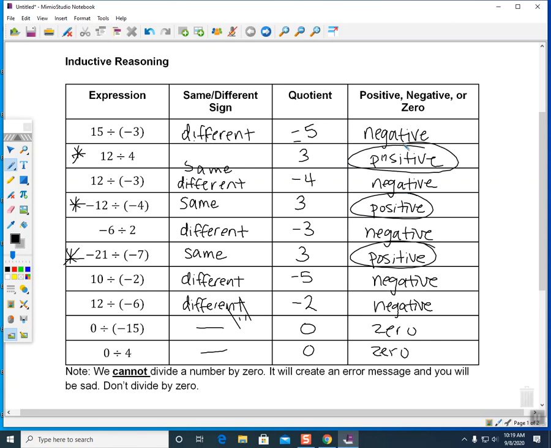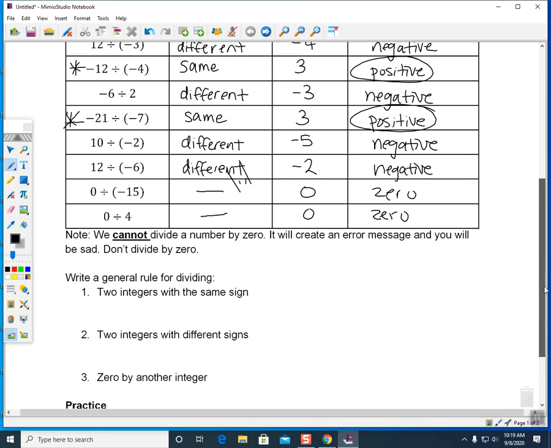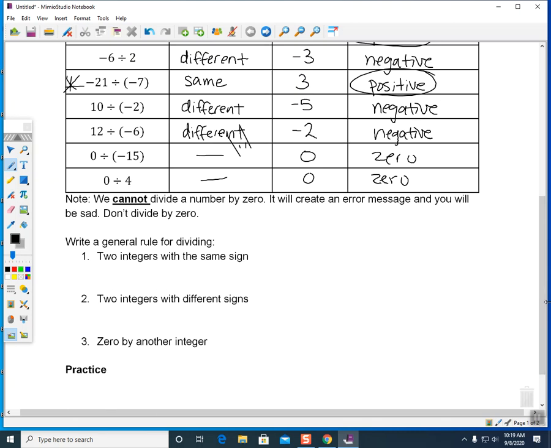So two integers that have the same sign, my quotient is always positive.